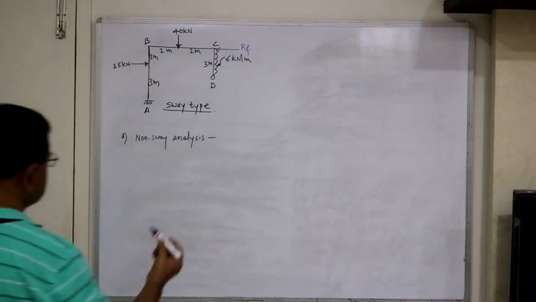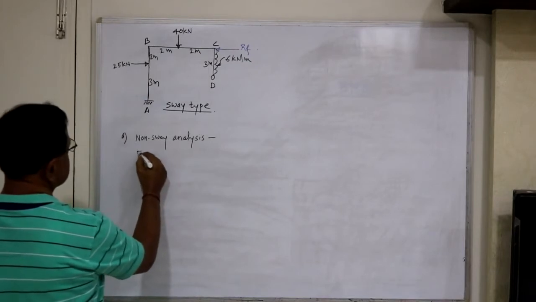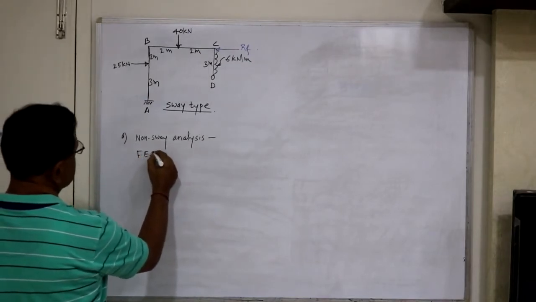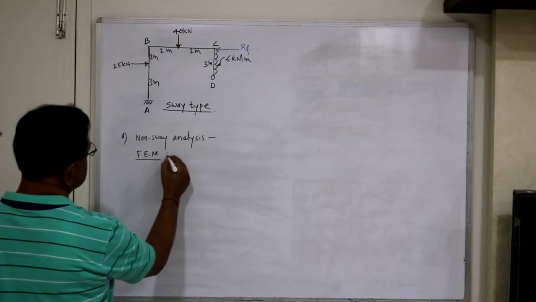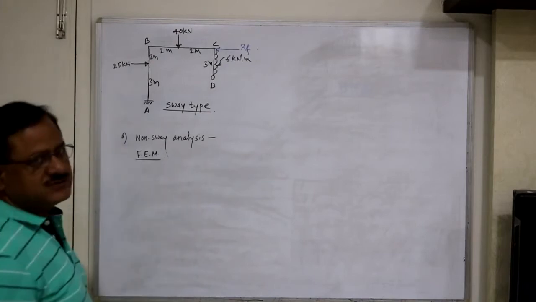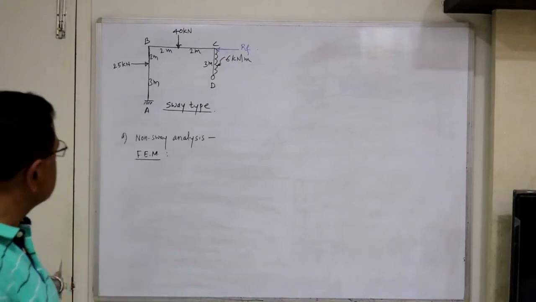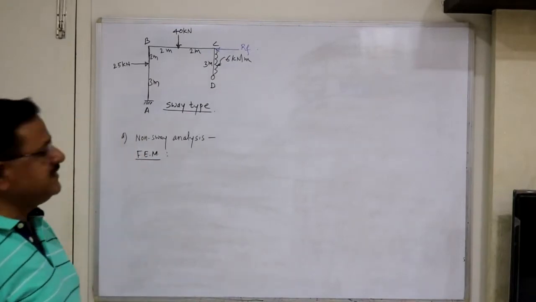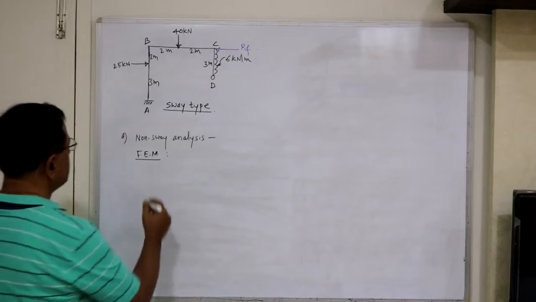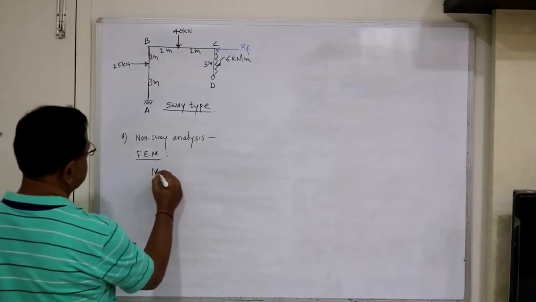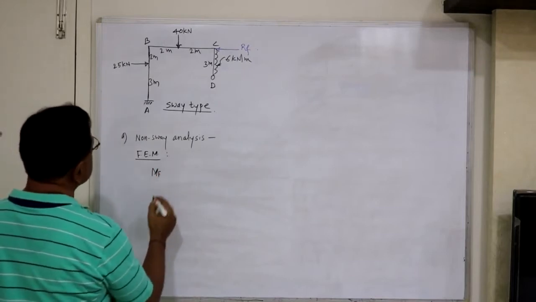Now non-sway analysis, first step: find out fixed end moments. Here the heights of the columns are different, so we will calculate the fixed end moments for AB and CD separately. This is due to loading.